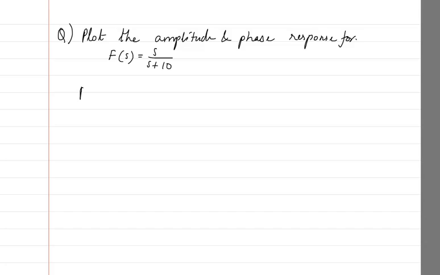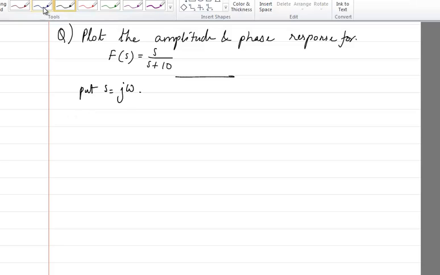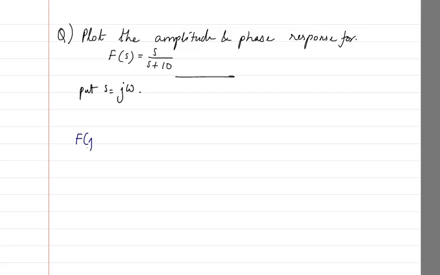Substitute s equal to j omega. You have to substitute s equal to j omega in F of s. So if I write that, I will get F of j omega equal to j omega divided by j omega plus 10. Therefore the magnitude of F of j omega is going to be the magnitude of the numerator, which is omega.